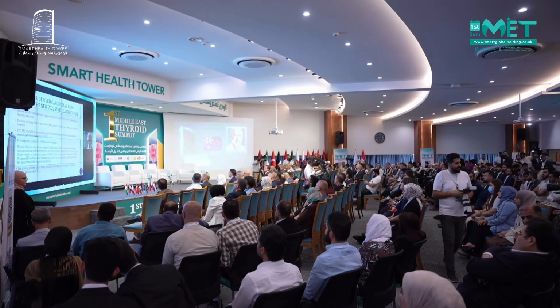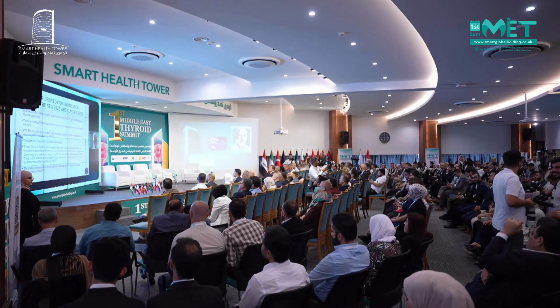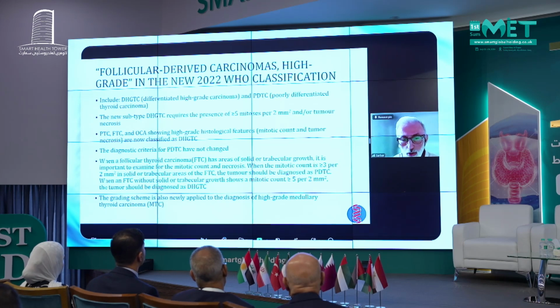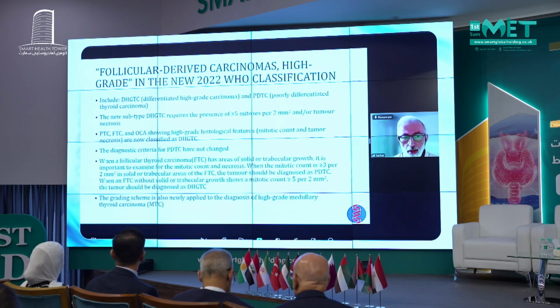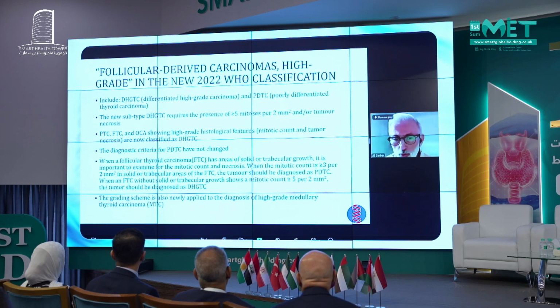On the other hand, if we have a follicular thyroid carcinoma without solid or trabecular growth patterns, but showing mitotic counts over 5 per square millimeter or equal to 5, then the tumor should be diagnosed as a differentiated high-grade thyroid carcinoma. So it's important to make the distinction between these two categories.